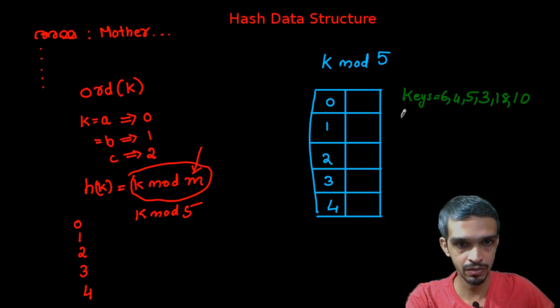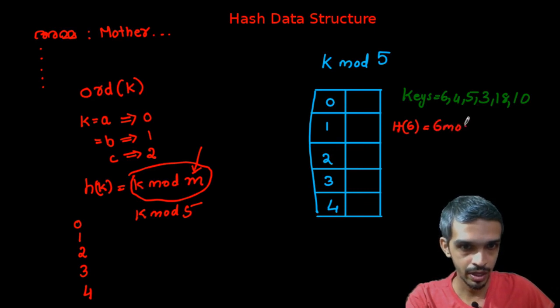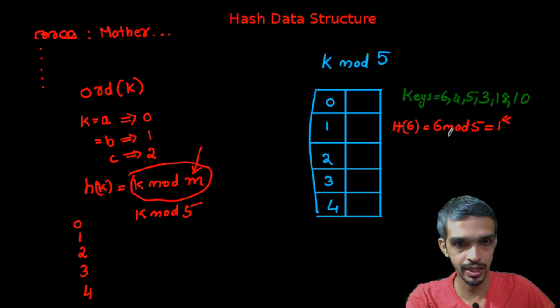In the case of key 6, h of 6 is 6 modulo 5. Modulo is the remainder that comes after division. 6 modulo 5 is 1. So this specifies the index. So 6 will be placed at index 1.